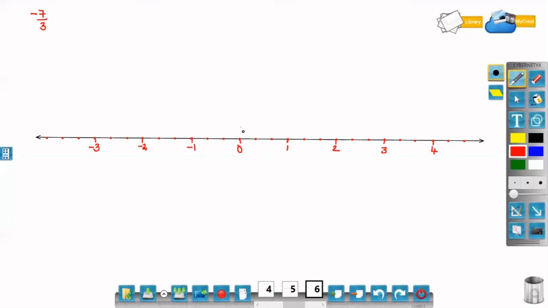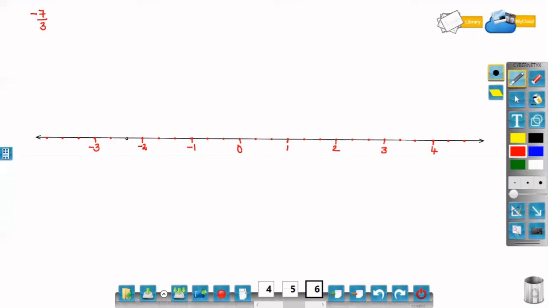Now look at the numerator. Numerator is 7. So we have to move 7 parts away from 0. Number is negative. So you have to move to the left. So 1, 2, 3, 4, 5, 6, 7.